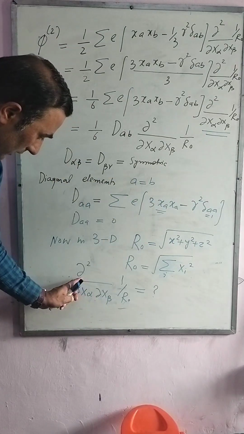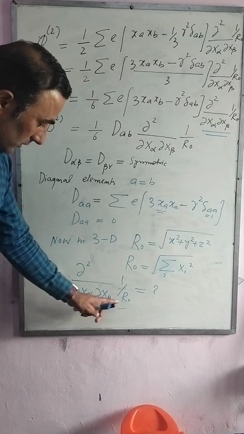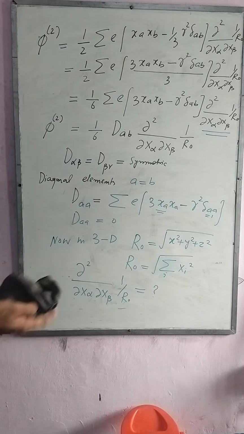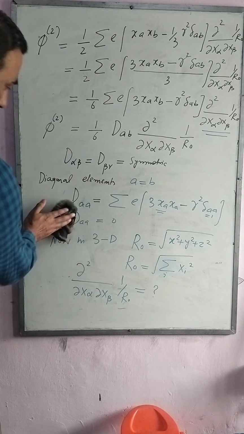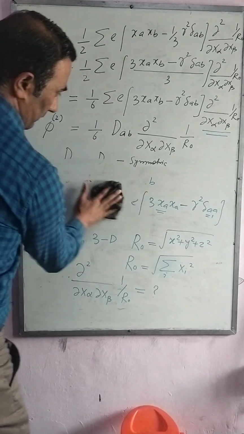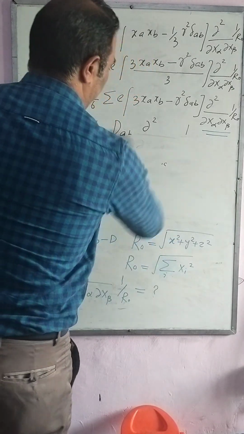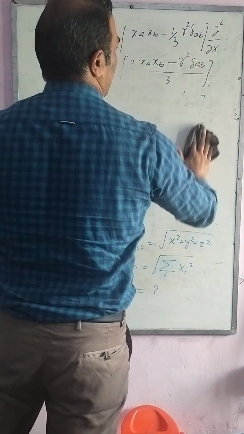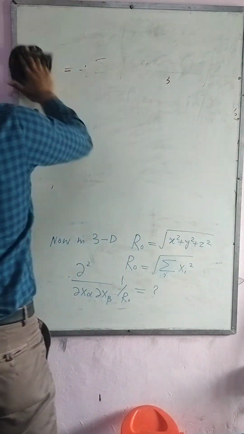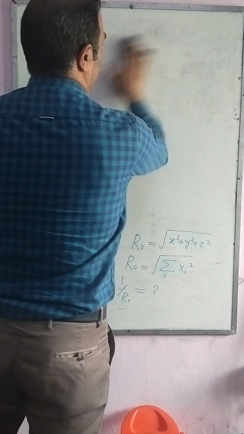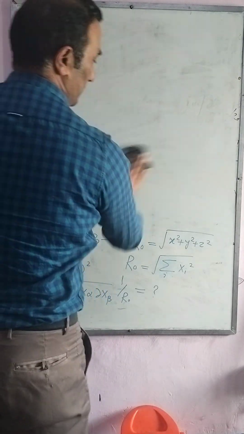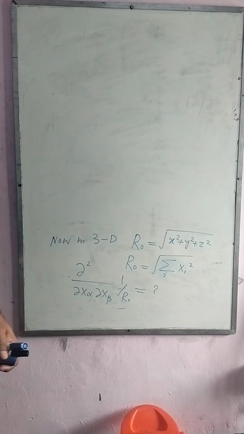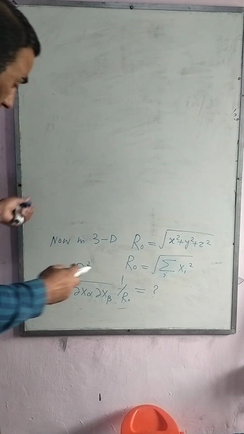So that means first I will differentiate this 1 by R naught with respect to beta, and then with respect to alpha, right? So first let's write now.